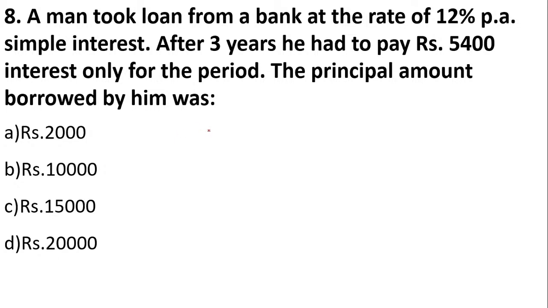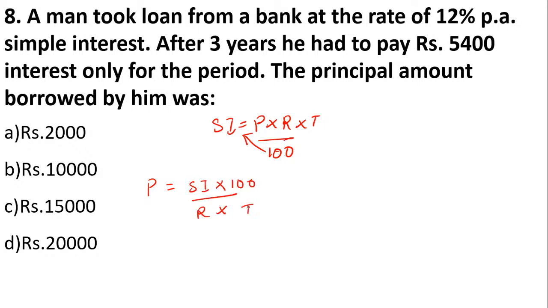Principal amount is. So simple interest is what? P into R into T upon 100. Okay, what is principal? If we cross multiply these two remaining, principal is equals to simple interest into 100 upon rate into time. So what is the simple interest over here?